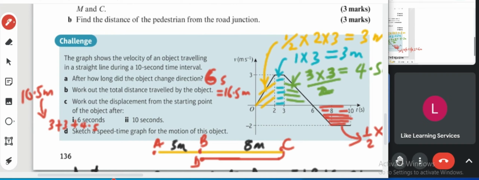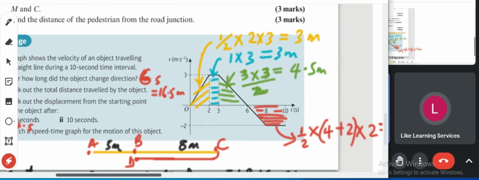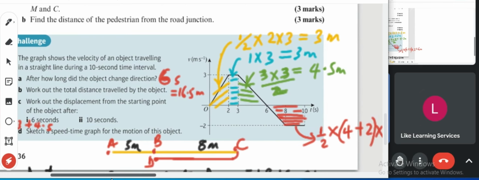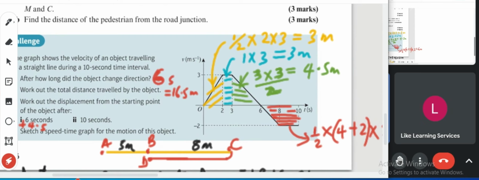After 10 seconds. Yes, after the whole thing. Isn't that like 4.5? Right. And how did you get it? 10.5 minus 6.